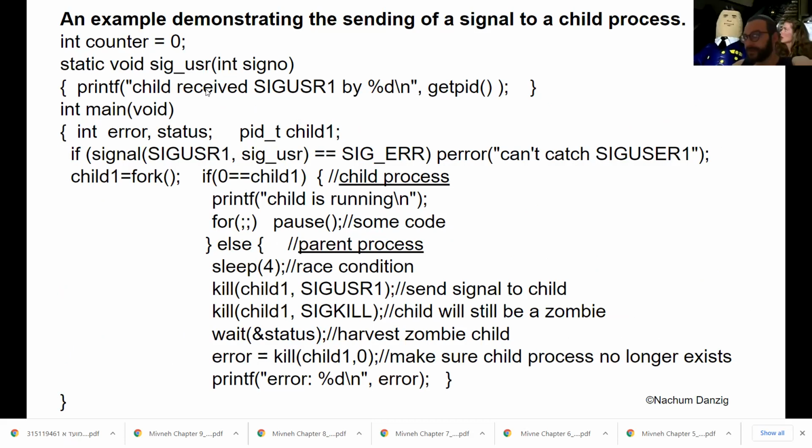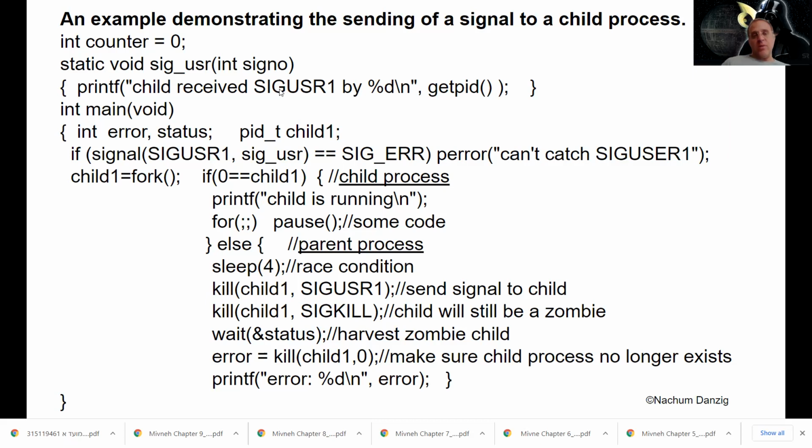This sig user over here is the definition, is what happens when sig user 1 occurs. But now if sig user 1 occurs again, I didn't do that here, but if I were to kill again sig user 1, it might not run this function. Because like I said, traditionally it wouldn't run this function.